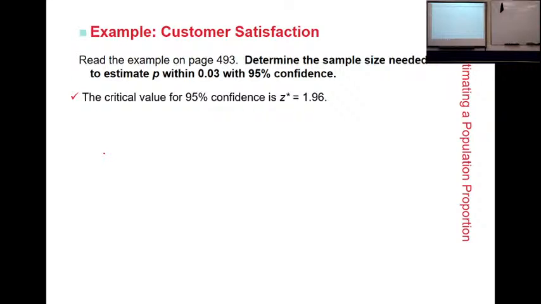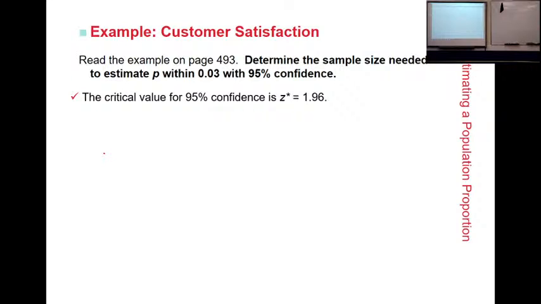Well, guess what? I know my z-score, I want it to be 1.96 because I'm using a 95% confidence interval. For p hat, we have two choices. If we have a good estimate or a good idea of what the proportion should be, then we can use that for p hat. If we don't know, then the absolute largest that this can get for the standard deviation, you can play around with decimals and see that the largest I can get is if I had 0.5 times 0.5, to be 0.25.